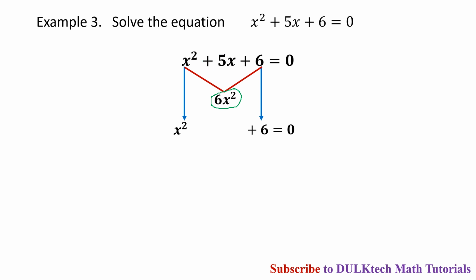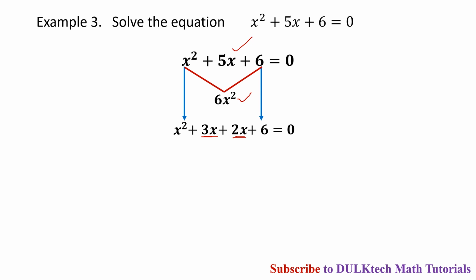So instead of writing 5x, we are going to add 3x and 2x. Since the sum is 5x, 3x plus 2x is equal to 5x. At the same time, 3x multiplied by 2x will give us 6x squared.